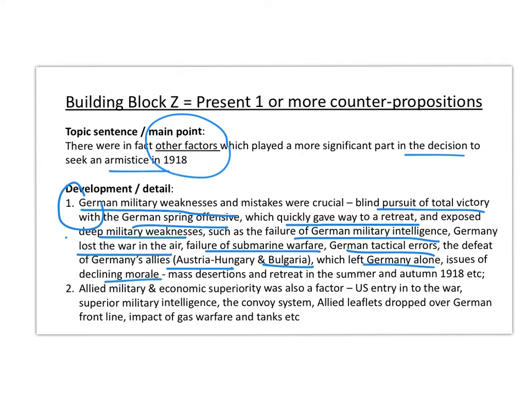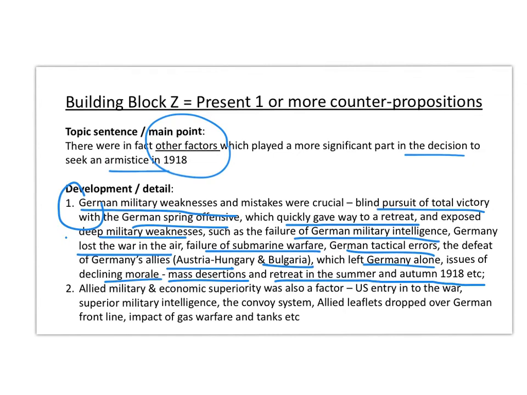There was declining morale on the fighting front. Soldiers were deserting from the front line, going back home. All of these factors led to the massive retreat in the summer and autumn of 1918, which were the real short-term reasons for the armistice, the immediate reasons why Ludendorff suddenly announced we have to put up the white flag and surrender.